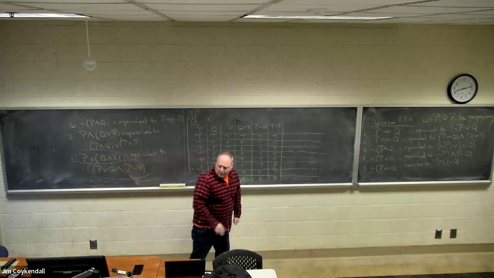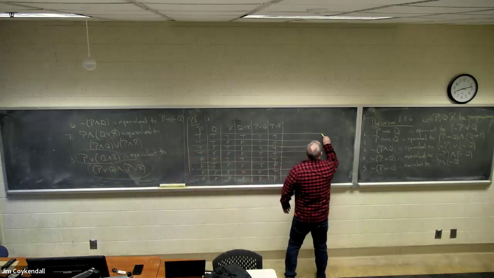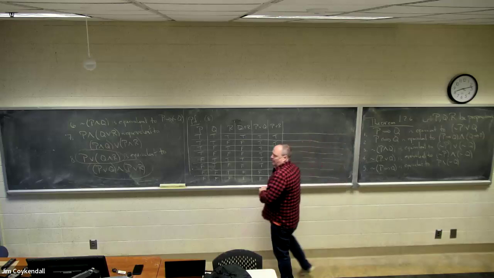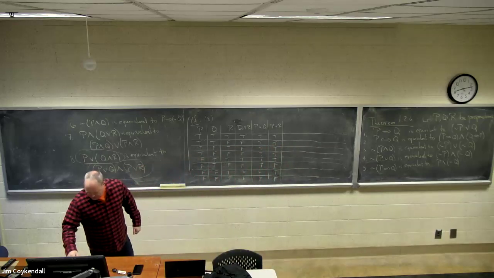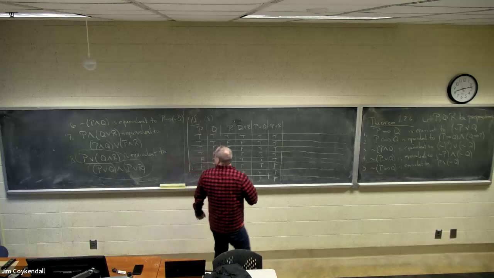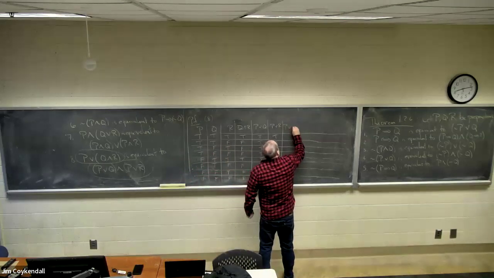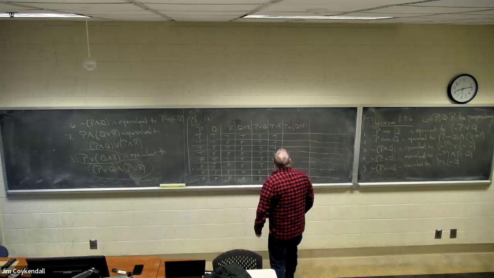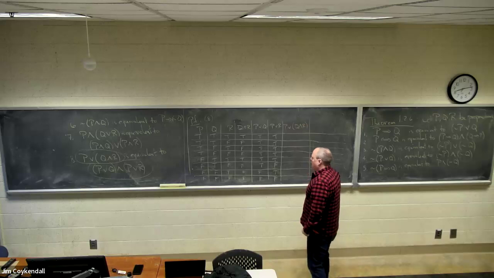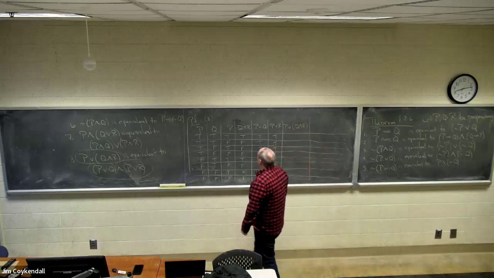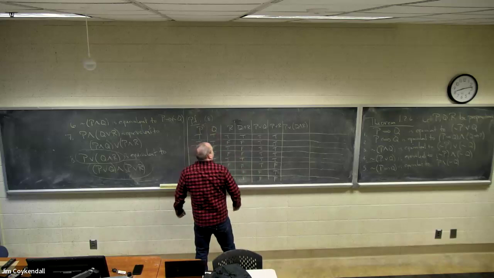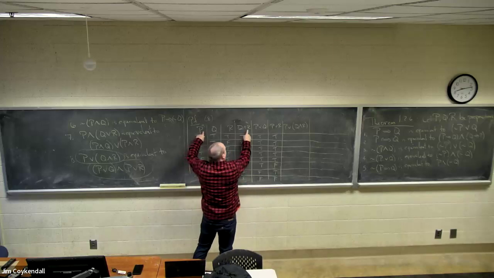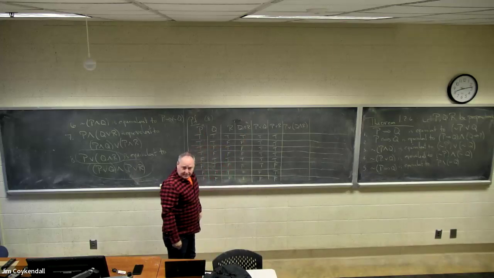So let's first do P or Q and R, which is what we started with here. So we're using these two columns and it's an OR, right?